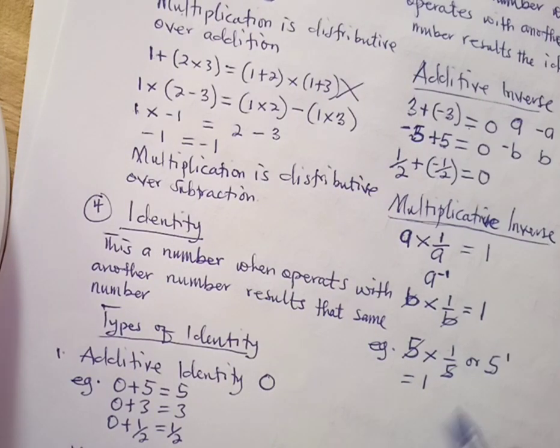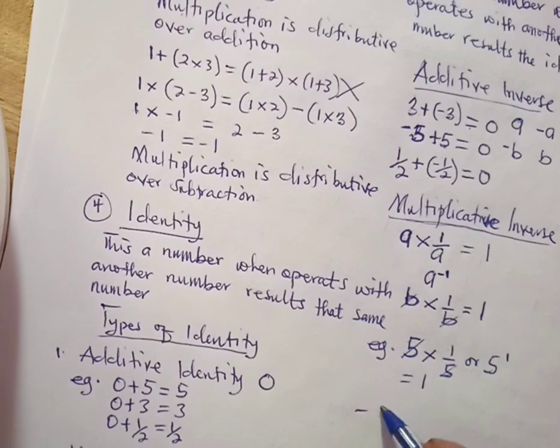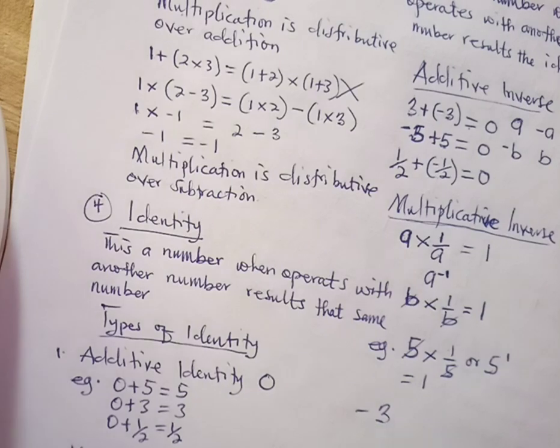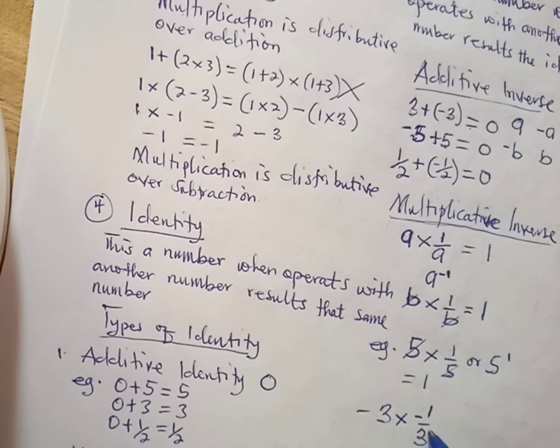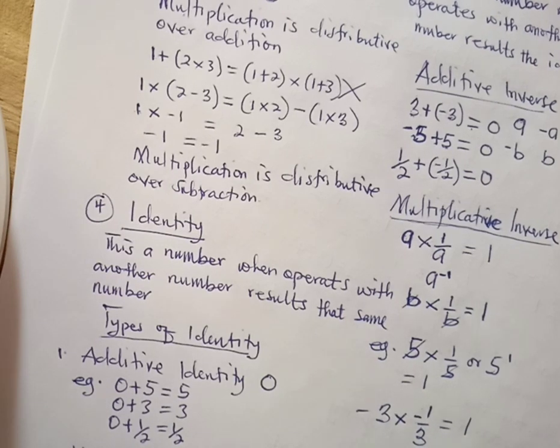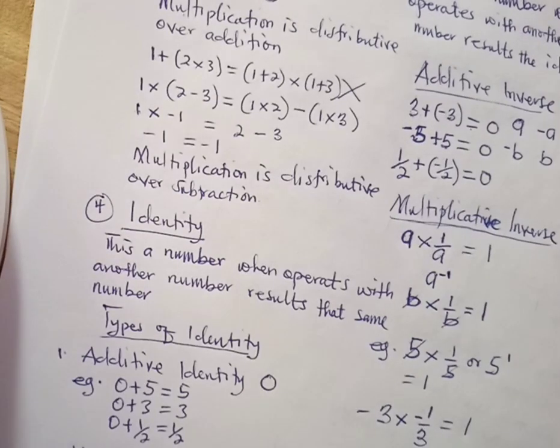All right. If I give you negative 3, how do I get 1? What should I multiply by to get 1? I can multiply this by negative 1/3, so that this gives me 1. So the multiplicative inverse of negative 3 is negative 1/3, which can also be written as negative 3 exponent negative 1, and it will give you 1.